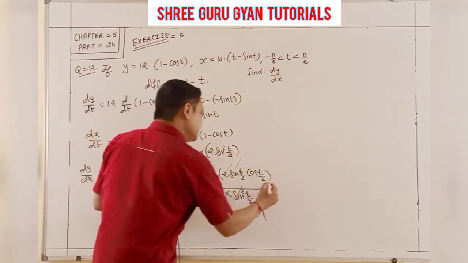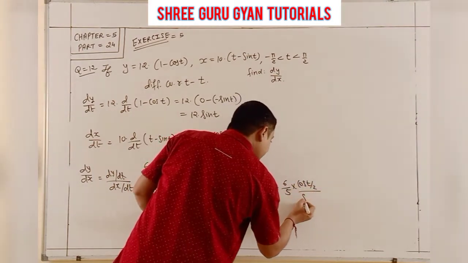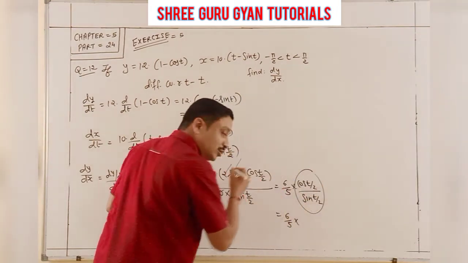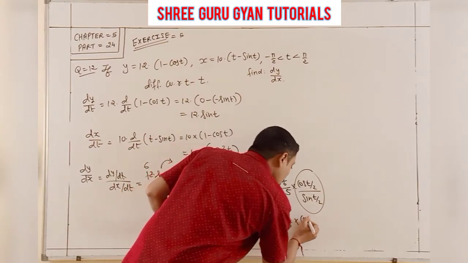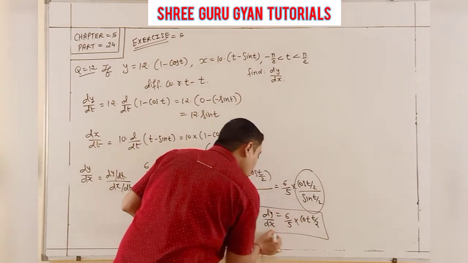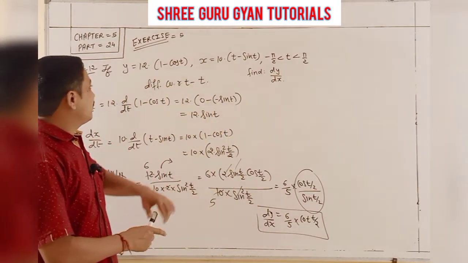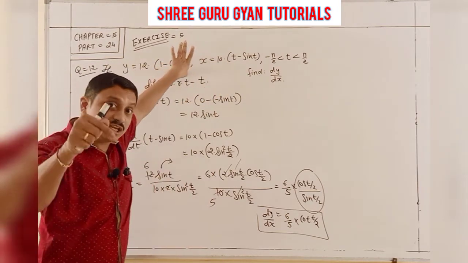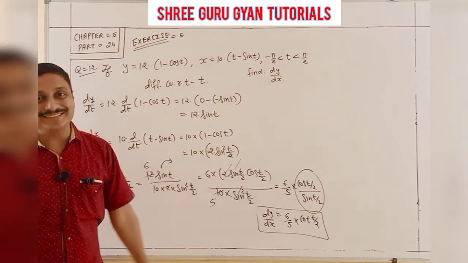I have only 6/5 cos t/2 by sin t/2, which is cot t/2. And here is our first order dy/dx. Students, easy done. If the parametric form in t is given, first write down the t terms, after that dy/dx. Yes students, this numerical is over.